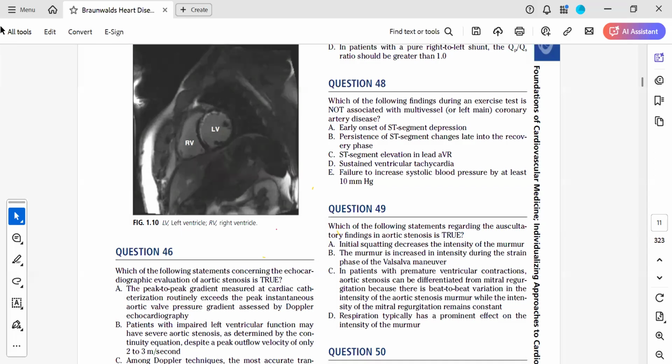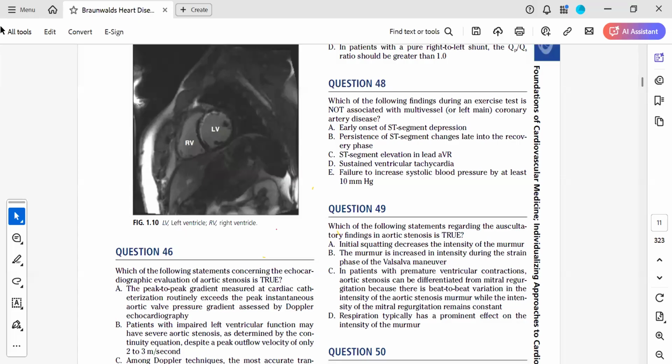If you're not seeing all of this, then those are some of the parameters to look into, that the exercise stress test is actually positive, and then rule in the presence of a likely ischemic component. So for this question 48, it is the "not" that we actually want.